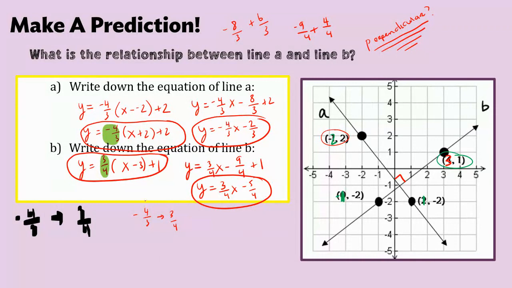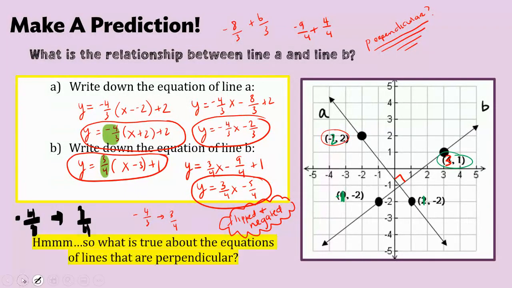Okay, so one's negative and one's positive. That's good to know. And then what did I do with the fraction? I flipped it and negated it. Huh. So when the slopes are flipped and negated, the lines must be perpendicular.